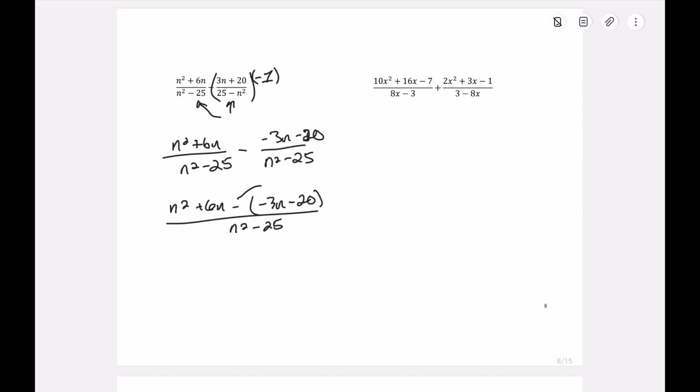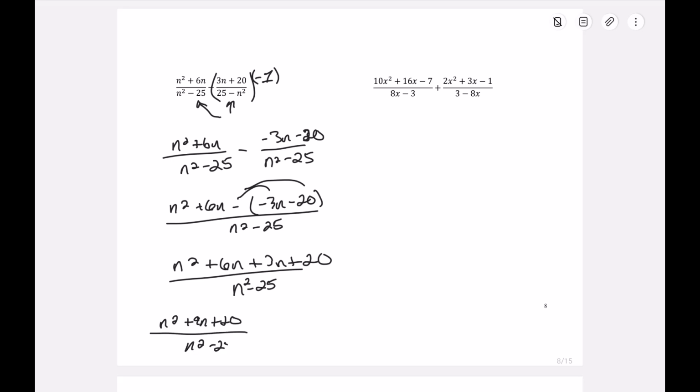We would take our negative and distribute it out to everything, and so we would get n squared plus 6n plus 3n plus 20. We combine like terms, and we would get n squared plus 9n plus 20 all over n squared minus 25.